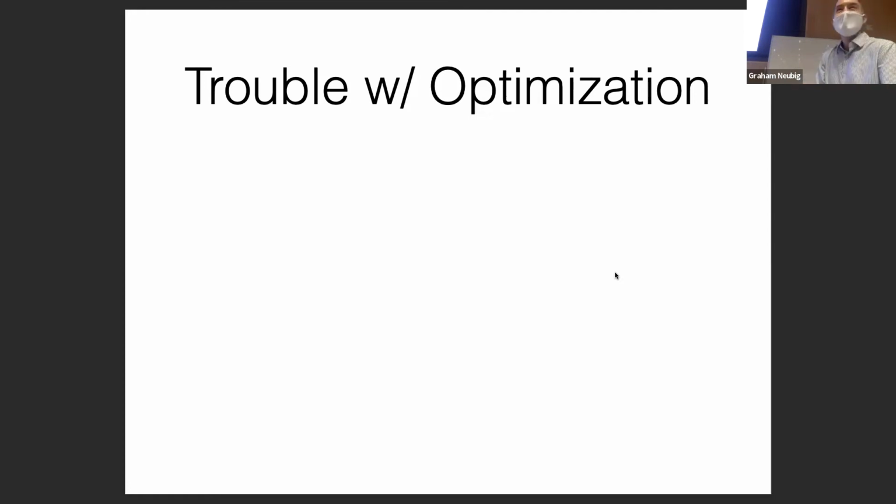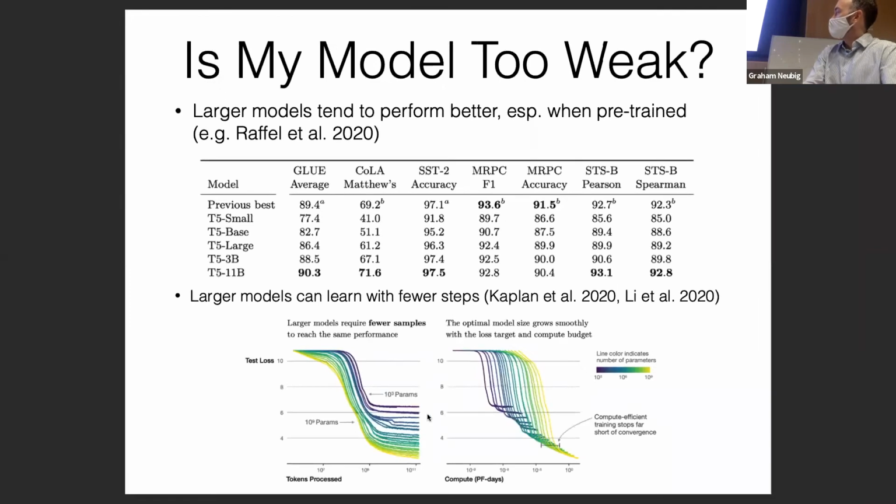Did they optimize the hyperparameters for each model? I think not, but that's a very good question. Like, did they use a different learning rate for each of these models? Because maybe a different learning rate would have been ideal here.